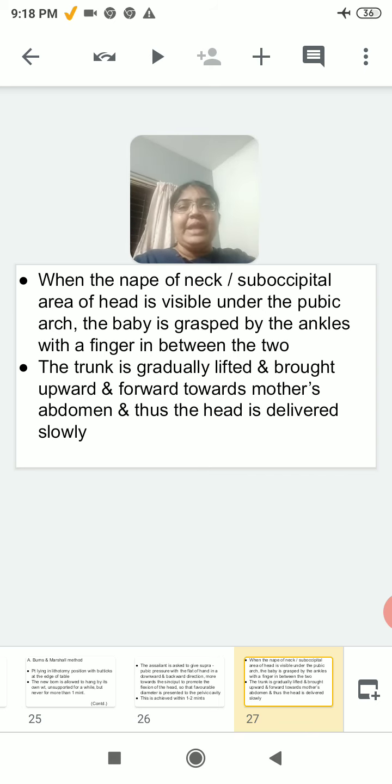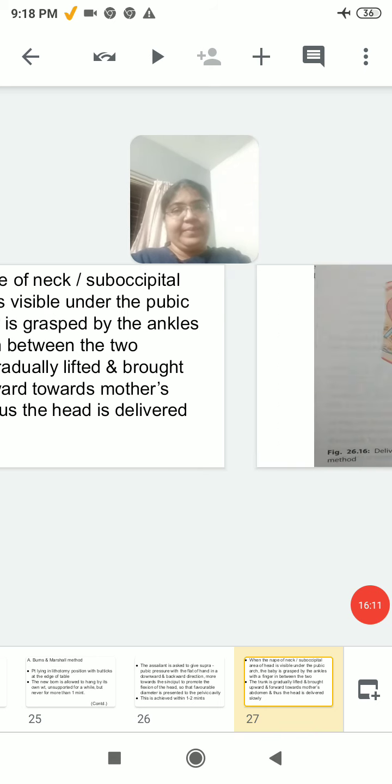When the nape of the neck or suboccipital area of the head is visible under the pubic arch, the baby is grasped by the ankles with a finger in between the two. The trunk is gradually lifted and brought upward and forward towards the mother's abdomen, and thus the head is delivered slowly.